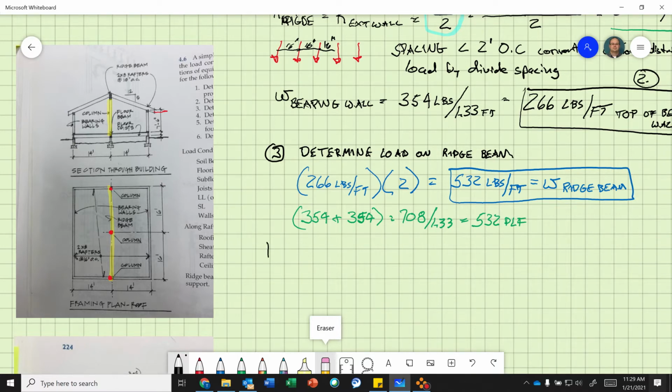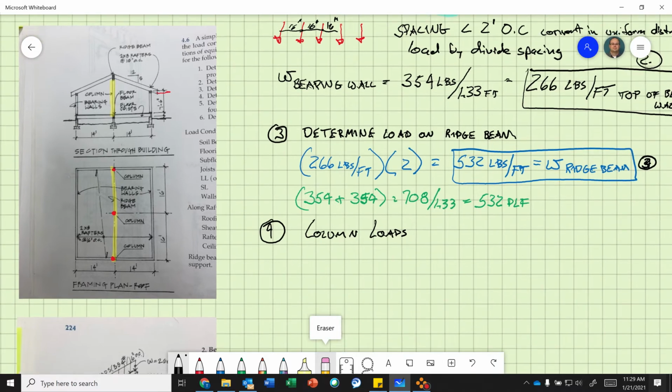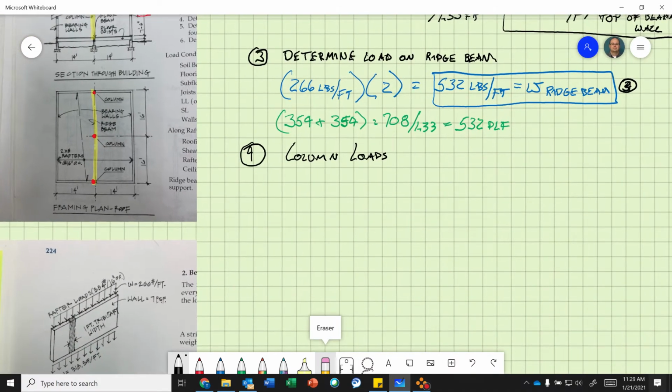So 4, column loads. So this is the answer to number 3. All right, so zoom up here. All right, let's draw our ridge beam. Give yourself plenty of room.